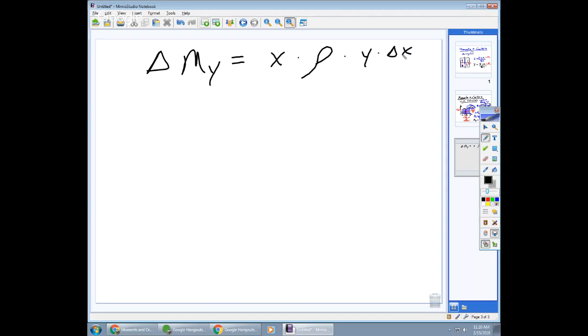And when we add all of those up, we get a complete picture. What's constant here? Rho. Rho is the only constant. The delta x turns into a dx, and otherwise I have x times y, and remember y is a function of x in this case.